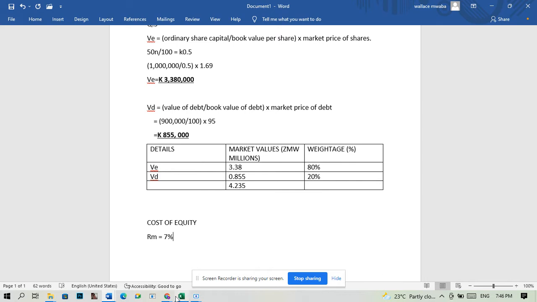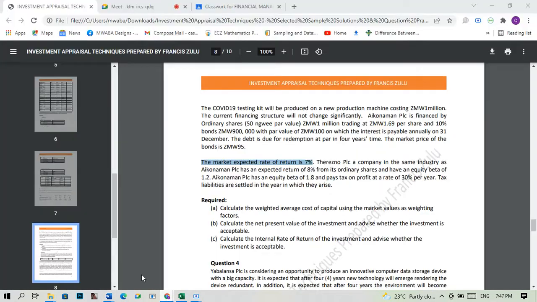Okay, and we go back to the question again. There is no PLC, a company in the same industry as Iconaman, has an expected rate of return of 8%, right?